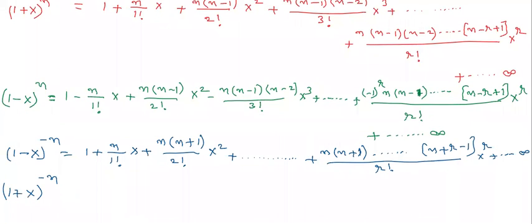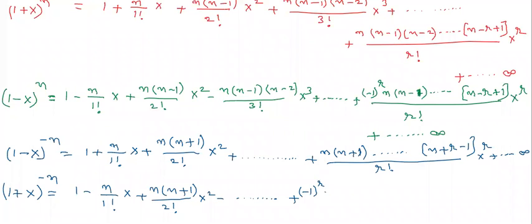Just sign only, just sign only. This is, we get 1 minus n by 1 factorial into x plus n into n plus 1 by 2 factorial into x square minus and so on, plus general term minus 1 whole power r, n into n plus 1, n plus 2, and so on.